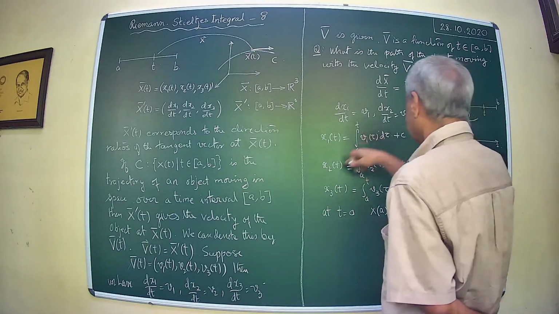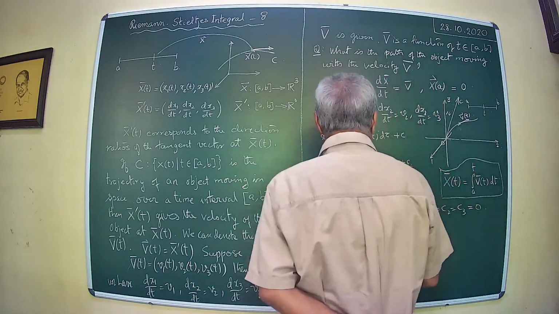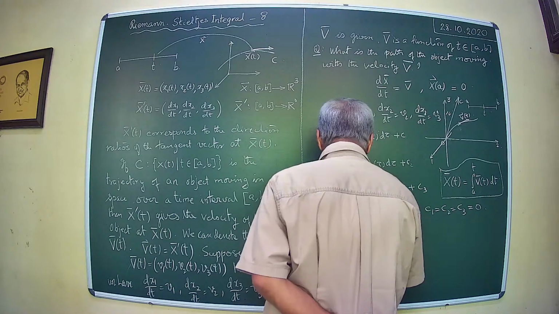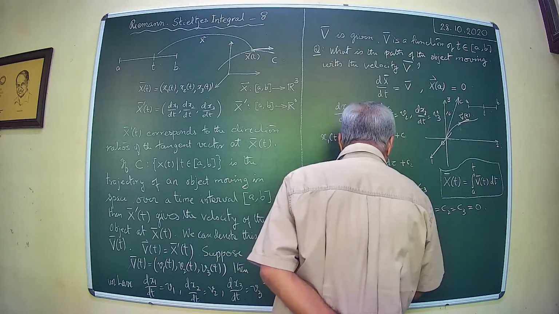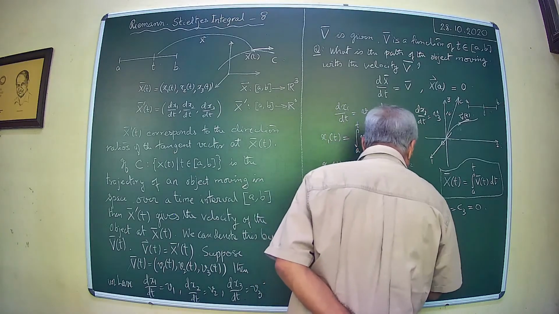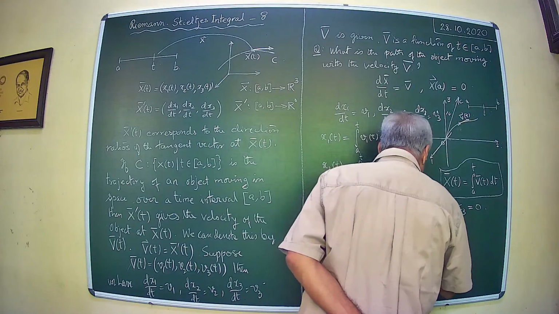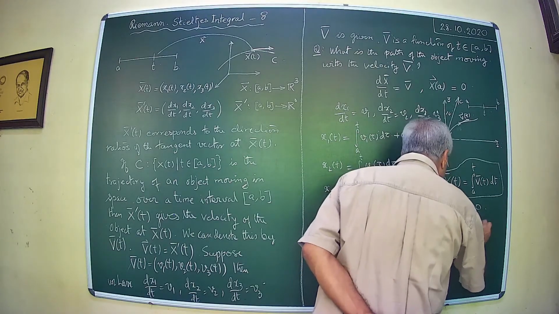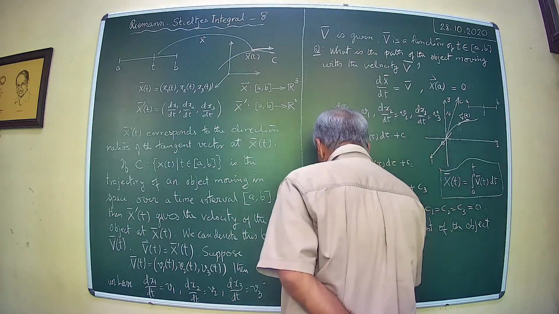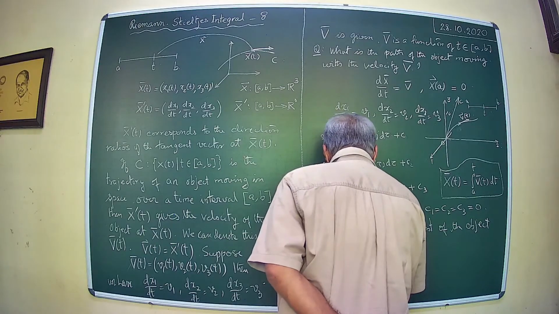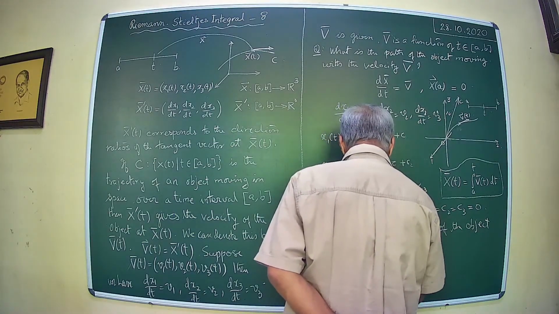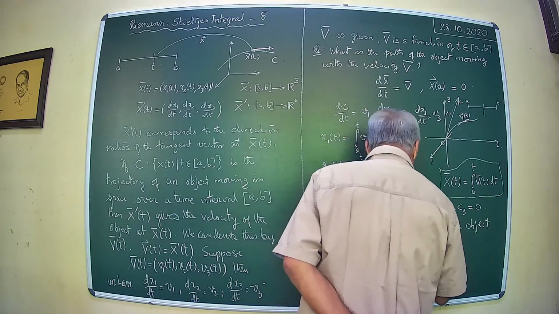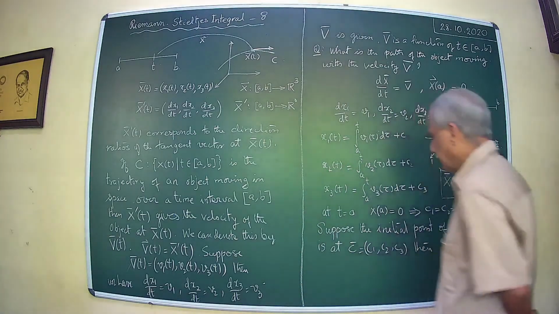So suppose the initial condition is that the point of the object is at C, which is equal to C1, C2, C3.